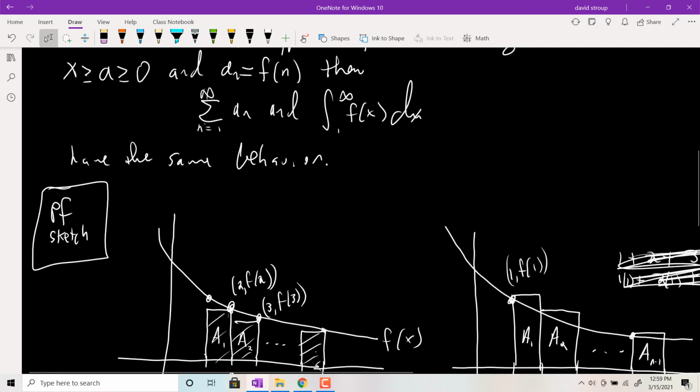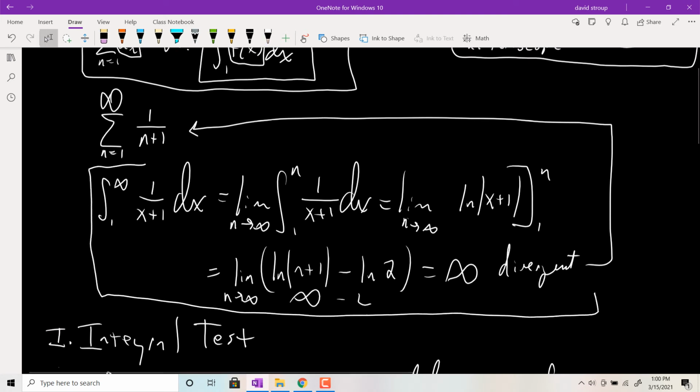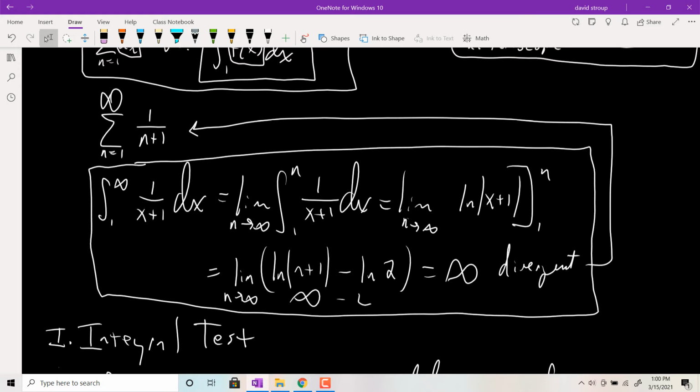Now what? Well, the test hinges on your ability to determine whether or not the sum is divergent or convergent. So again, if you build your integral and you find the integral is divergent, it forces the summation, or the series rather, to be divergent. If you do the integral and it turns out to be convergent, it'll force the series to be convergent.